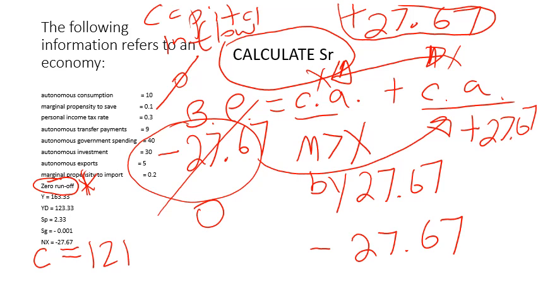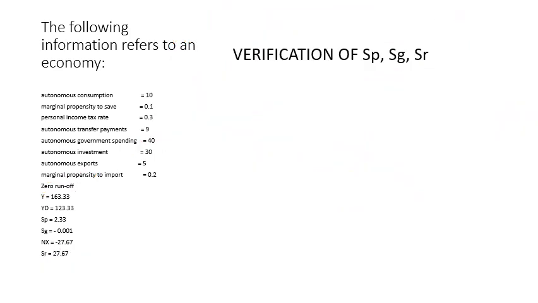If our country is experiencing a trade deficit like here, then we would have capital inflows. And if our country experiences a trade surplus, then money would flow out. We would have capital outflows.